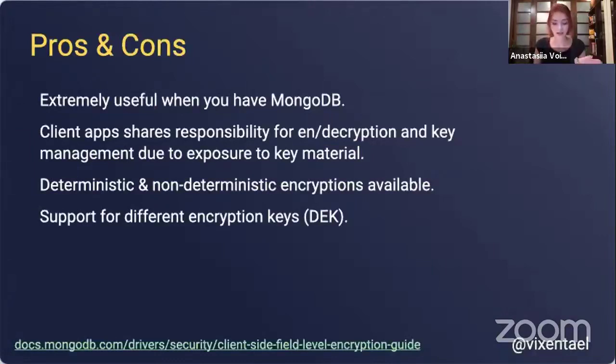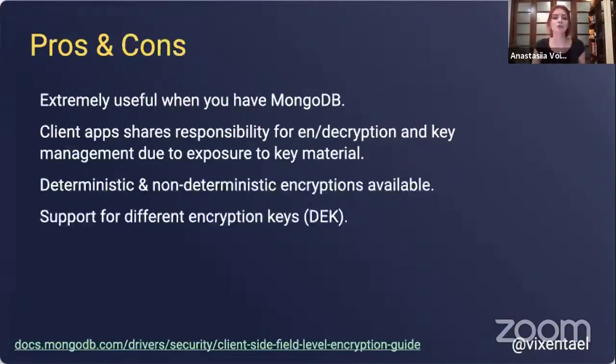Where this approach might not be super useful for you is that it makes client applications responsible, or at least share part of the responsibility, for encryption and decryption, since they need this cryptographic code from the Mongo SDK, right? And partially for key management. So the application has access to key material, has access to the keys.